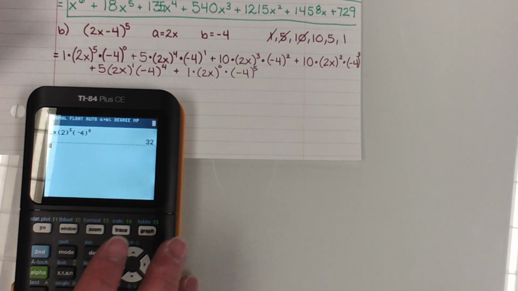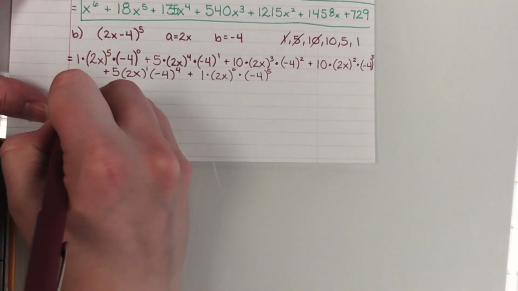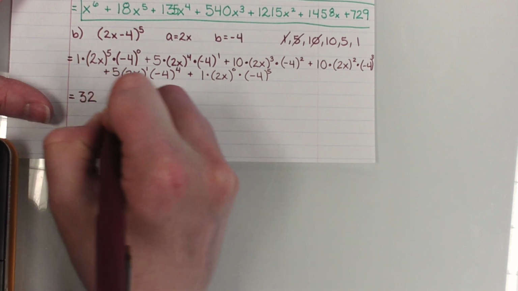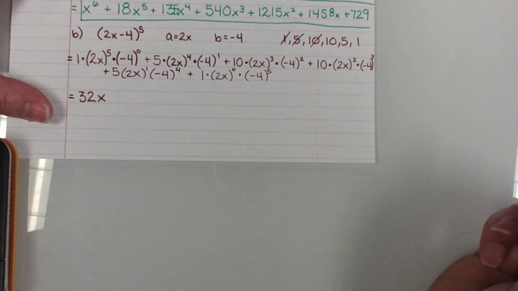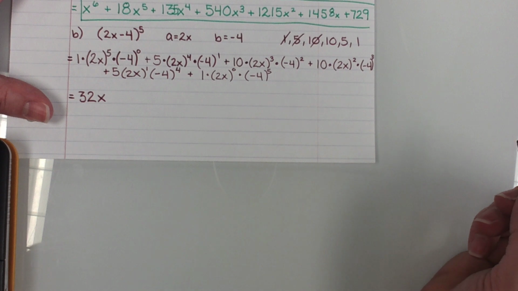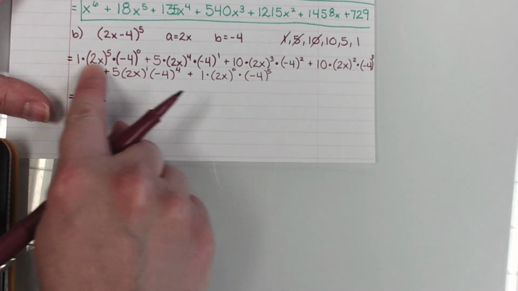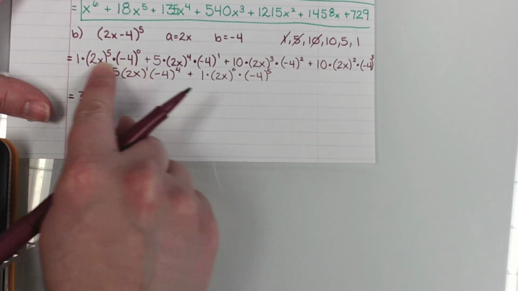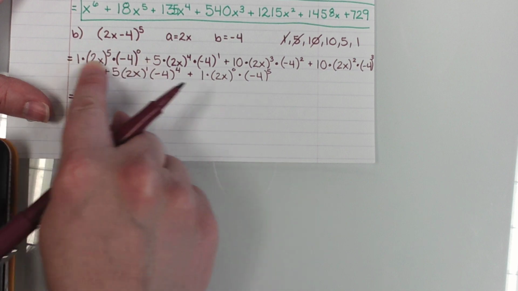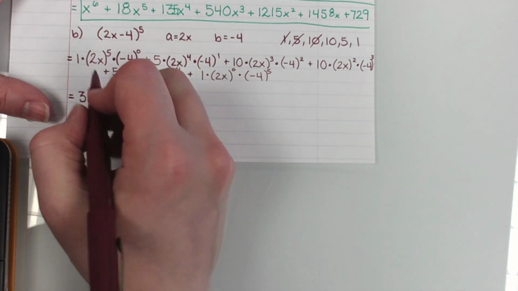32. X is going to be to what power? That was the first term. X had what exponent? 5th.